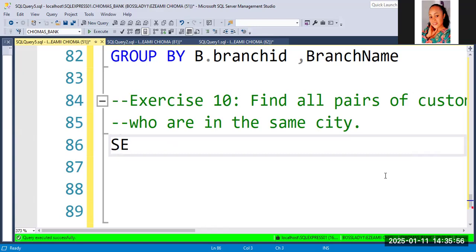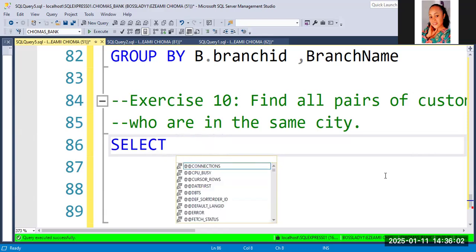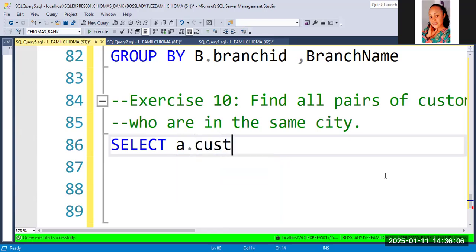So let's select customer name from our A table. Because we're using the same table, it doesn't really matter which comes first. So customer name. We have to alias it so that we know which is which. That's customer one.